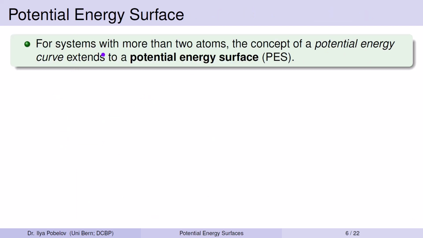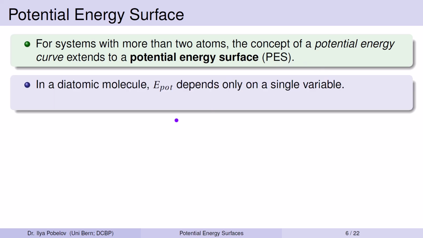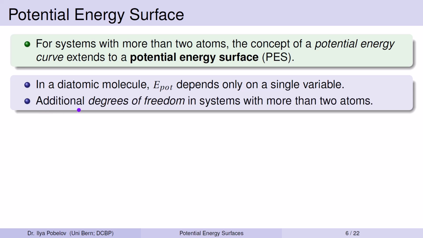For systems with more than two atoms, the concept of a potential energy curve extends to a potential energy surface, PES. While in a diatomic molecule, the potential energy depends only on a single variable, the bond length, additional degrees of freedom must be accounted for in systems with more than two atoms.